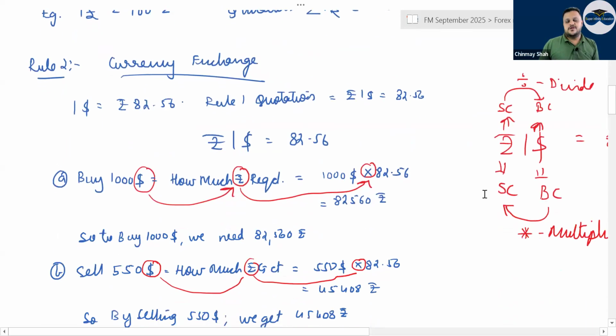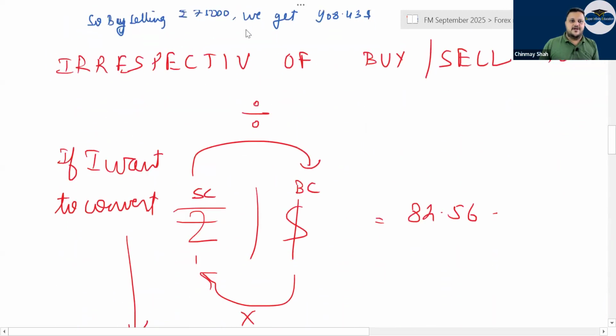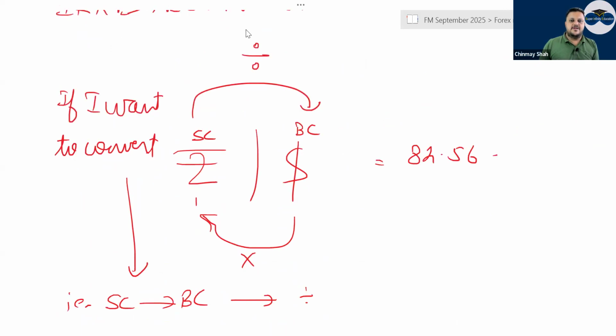That is rule one. Then rule two is of currency exchange. Now, when you have written the quote as secondary by base, if you want to convert secondary to base, that is left to right, you will divide. And right to left, if you want to convert base currency to secondary currency, you will multiply.